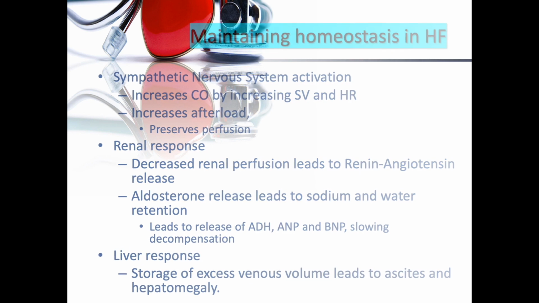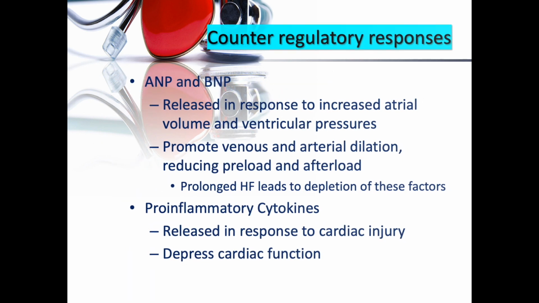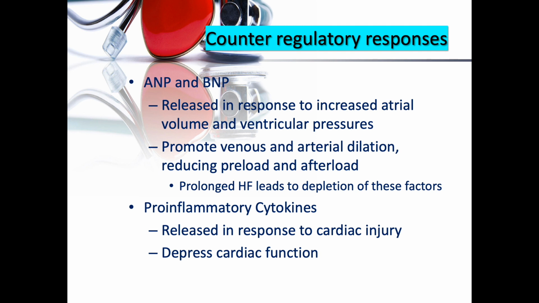Atrial natriuretic peptides and B-type natriuretic peptides, or ANP and BNP, are released in response to increased atrial volume and to increased ventricular pressures. They both promote venous and arterial dilation, which reduces preload and afterload. However, prolonged heart failure does lead to the depletion of these factors.